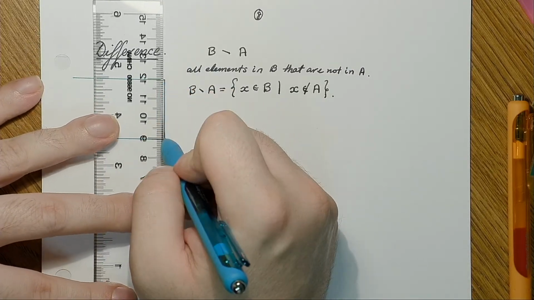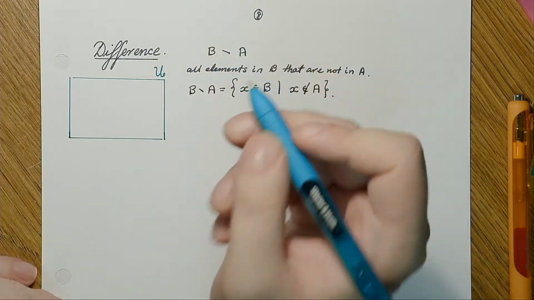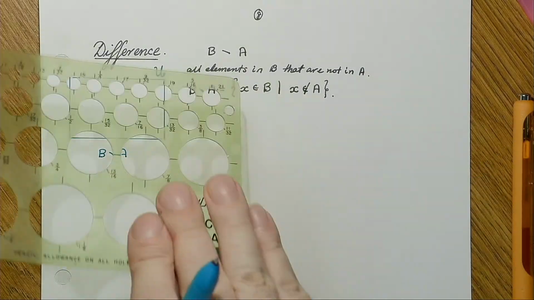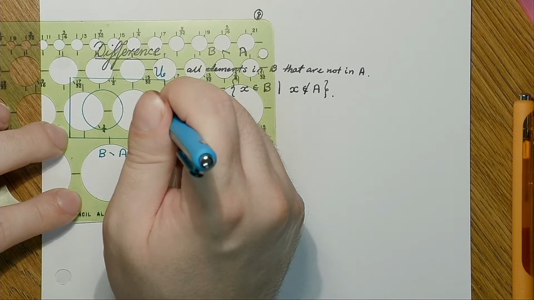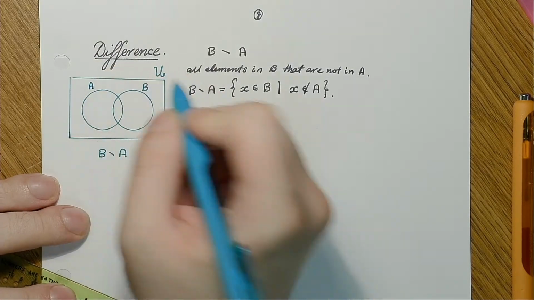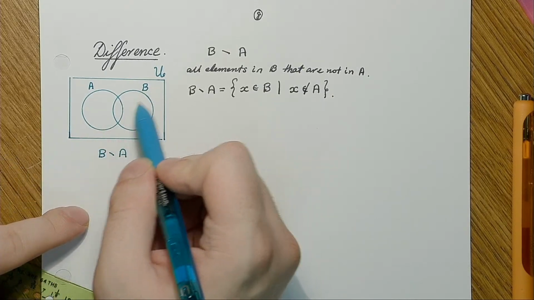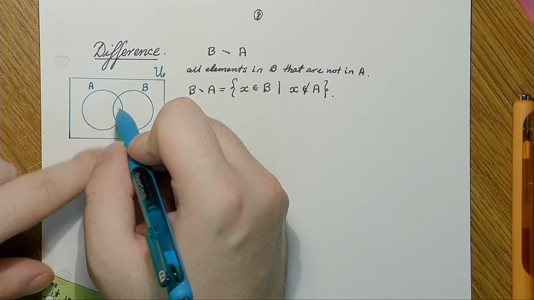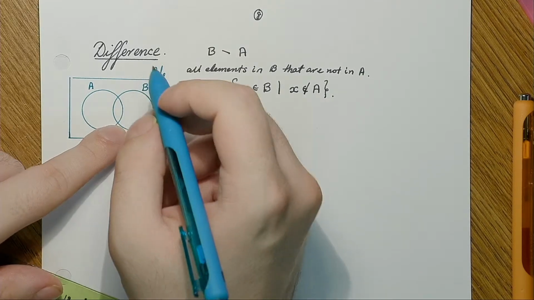So again, we can draw a little Venn diagram for this. We'll draw our two sets. So here's A and here's B. So it's all of the elements in B such that they're not in A. So this part right here is what we don't fill in, because that, although it's in B, is in A, and that's what we don't want.